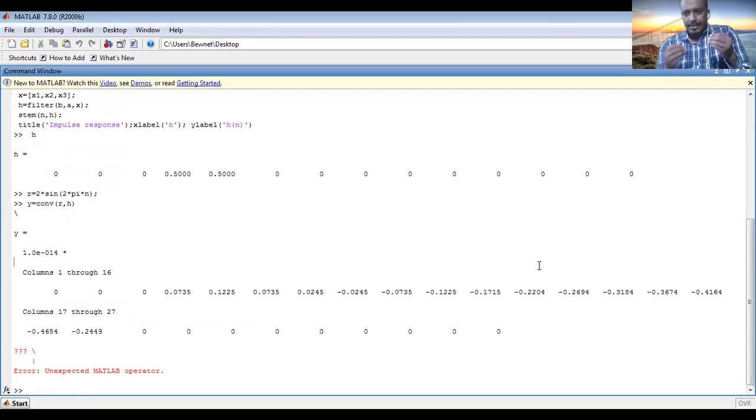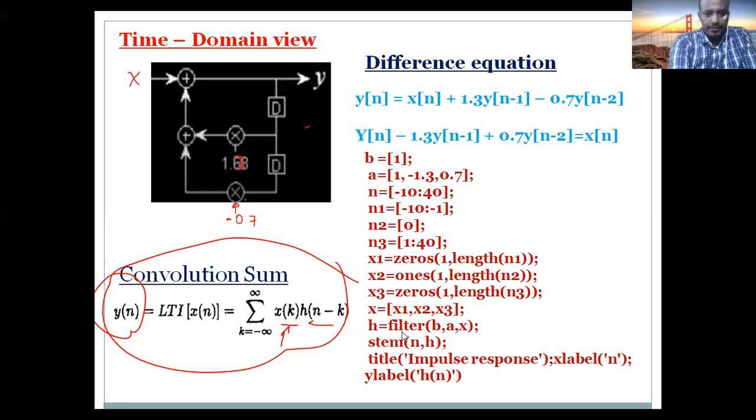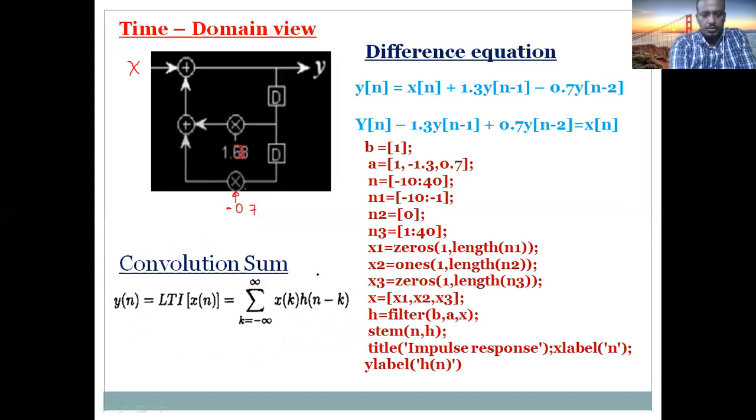Any arbitrary input you can apply. If you have h, for any input you can calculate the output by using the convolution sum formula. This is what we have discussed in chapter 2, if you remember.